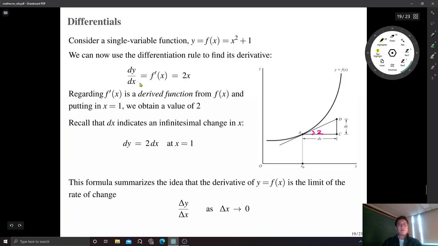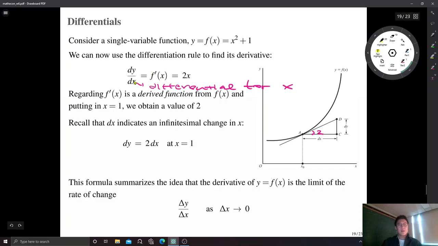And another way to understand the derivative is, remember the derivative is also denoted by dy over dx. Okay? And I already illustrated the meaning of dx, that is a differential for x. So it stands for a marginal change in x, so an infinitesimal or very tiny change in x.